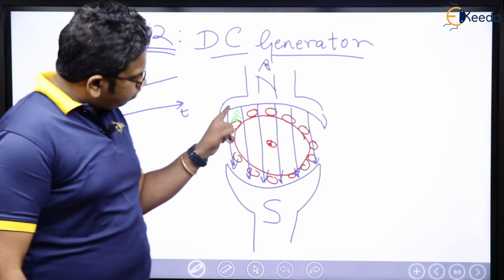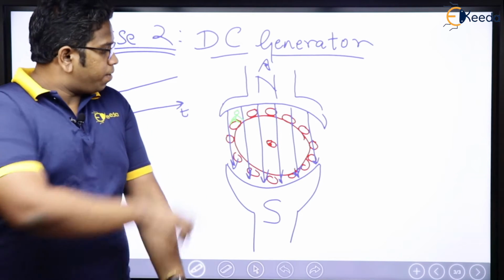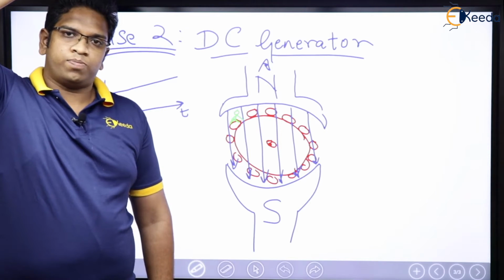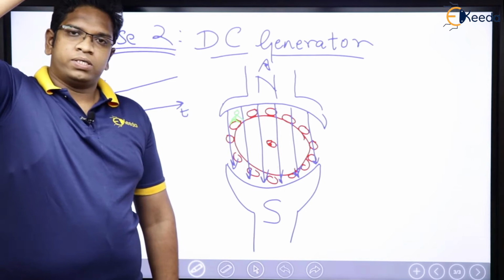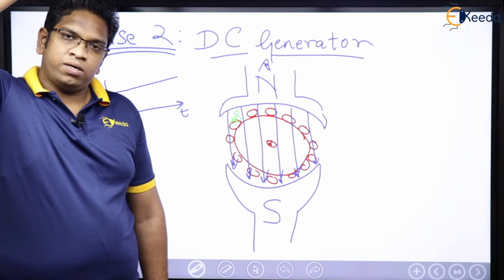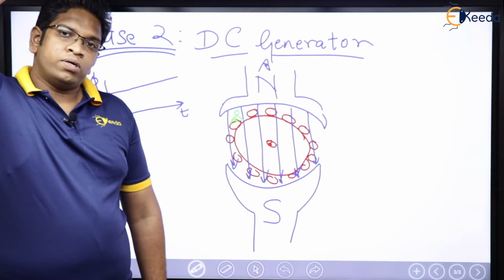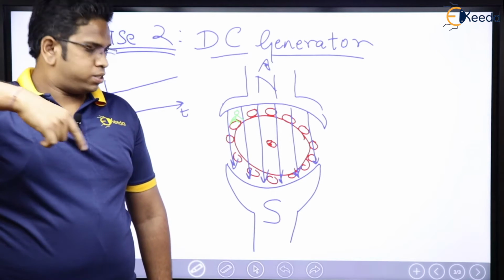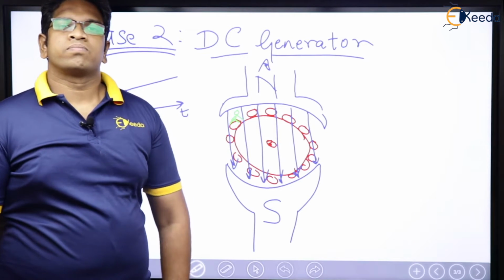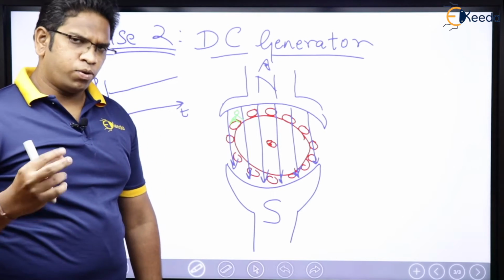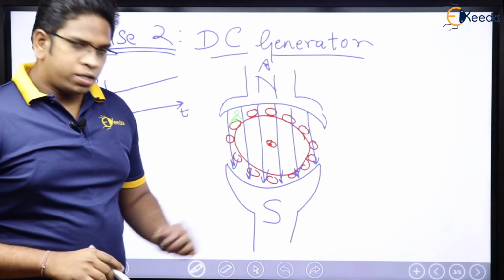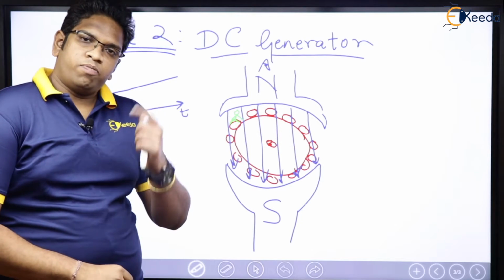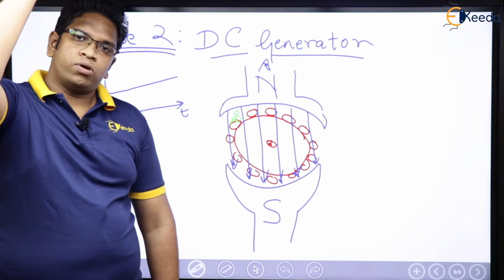So if I am sitting here doing time pass, above me is the north pole. I am sitting here in the air gap. What will happen? I will experience the same flux. I hope you are understanding this. One more time: I am sitting in the air gap, and above me is the north pole.